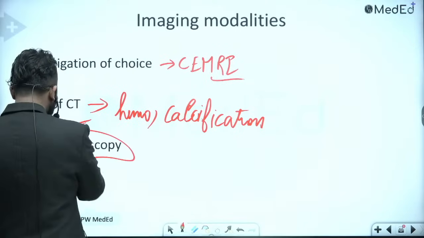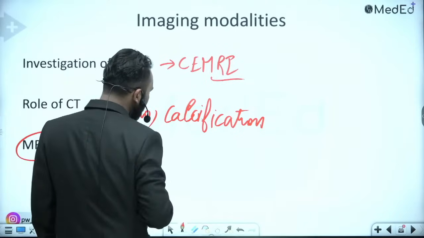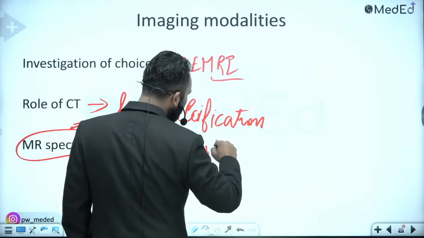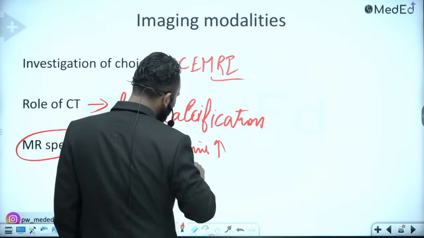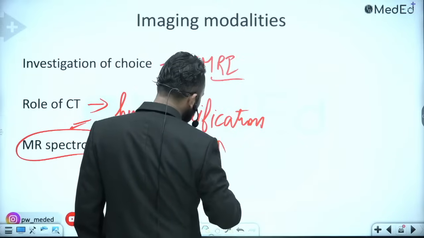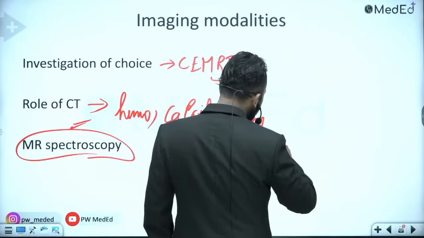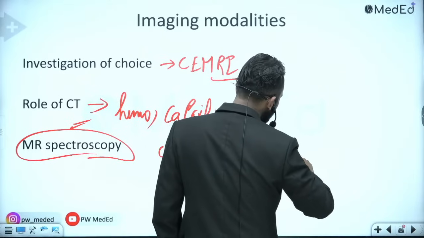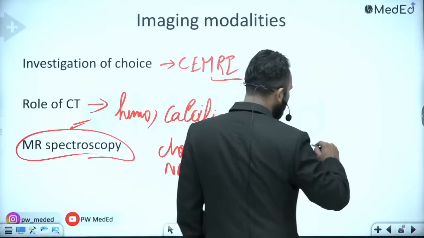On MR spectroscopy, you will see a choline peak, and NAA levels will decrease, and also remember that an alanine peak is seen in patients with meningioma.